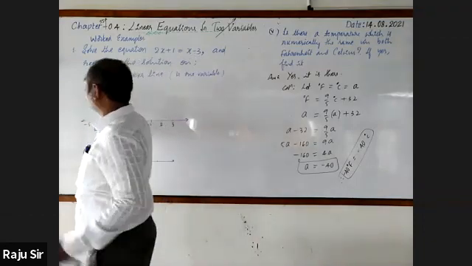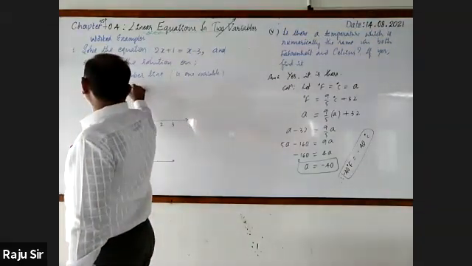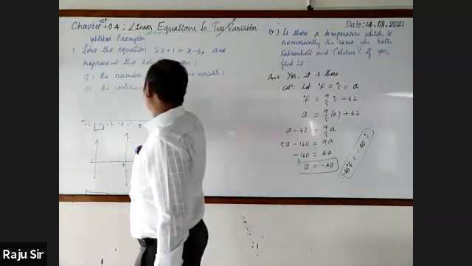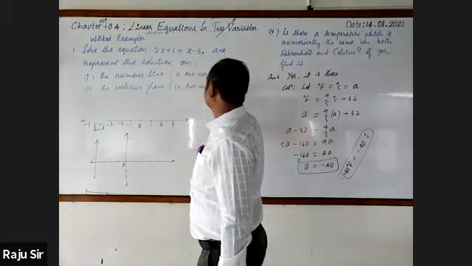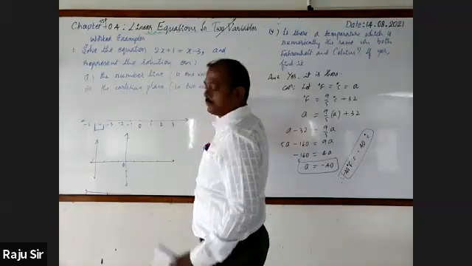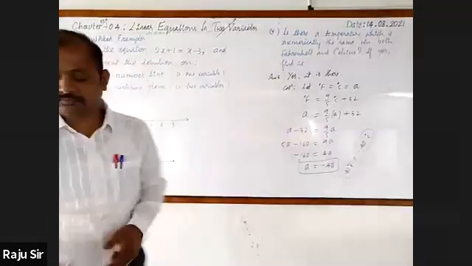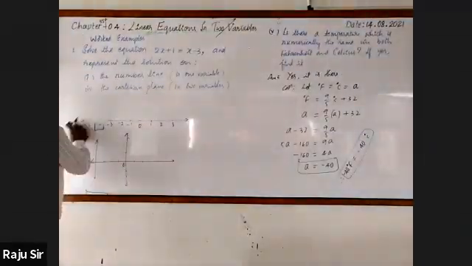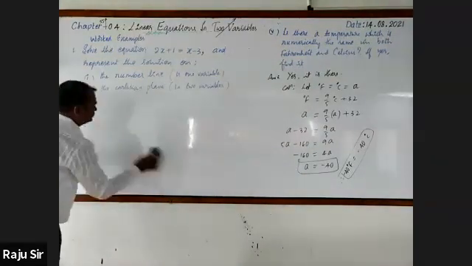Next, second one, on the Cartesian plane, in two variables. Three variables can come in 10th class.